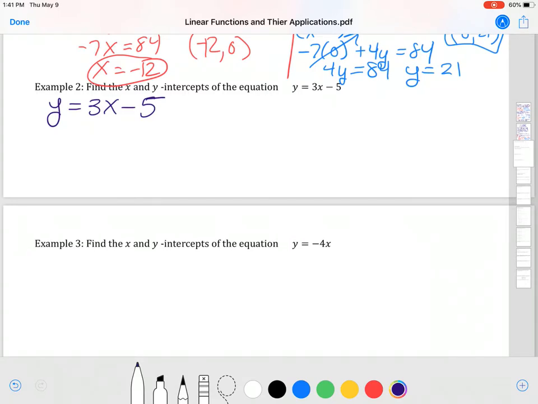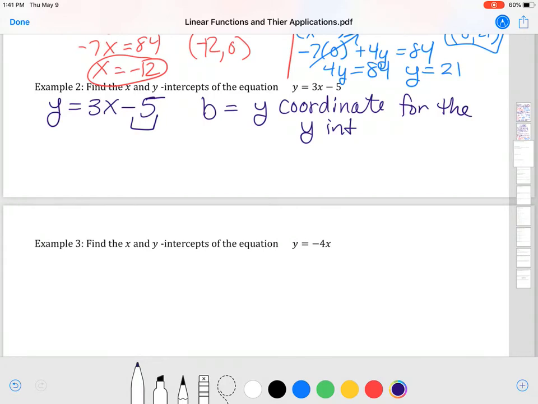If you recall, my value of b is the y coordinate for the y-intercept. So I already know just by looking at that, because it's in mx plus b form, that my y-intercept is 0, 5 without doing any work. And that's one of the advantages to having it in slope-intercept form, you can see right away where it crosses the y-axis.